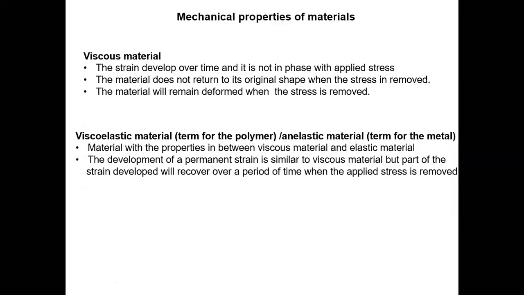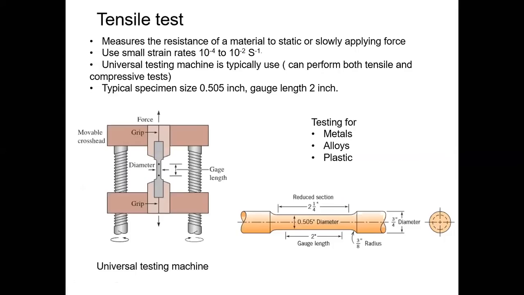We get that information for a particular material by conducting what we call a tensile test. A tensile test measures the resistance of a material to static or slowly applied forces. What we do here is we have a standard-size specimen.